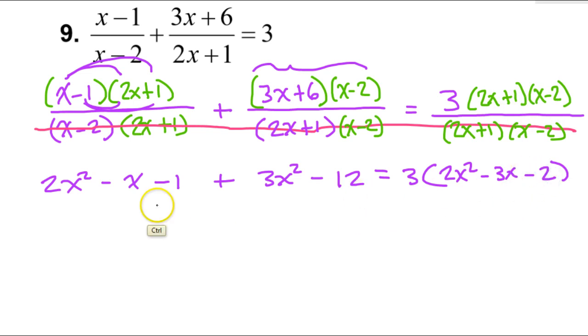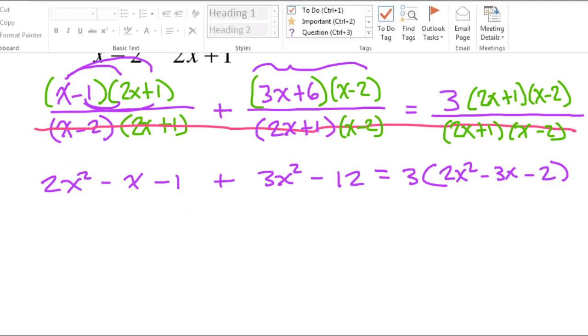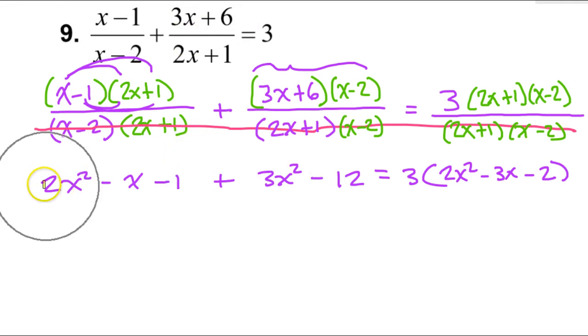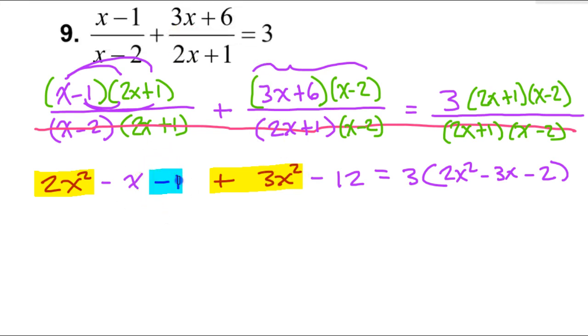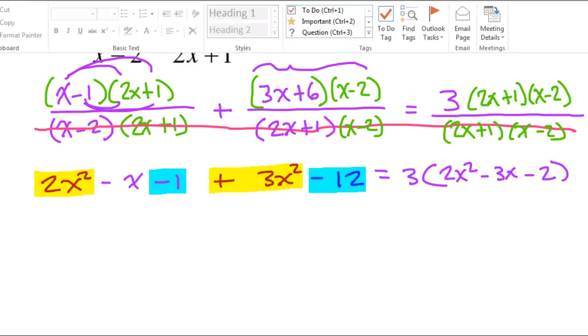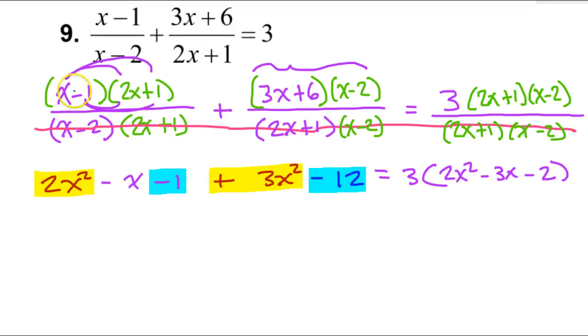So I've got this. So on the left side, I might as well go ahead and combine some like terms. So I see the 2x squared and the 3x squared. Those are like terms. In addition to that, I've got negative 1 and negative 12. Those are like terms. So if I put that together, I'm going to have 5x squared.